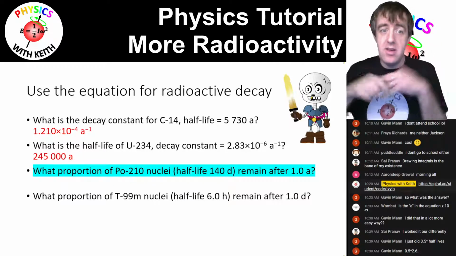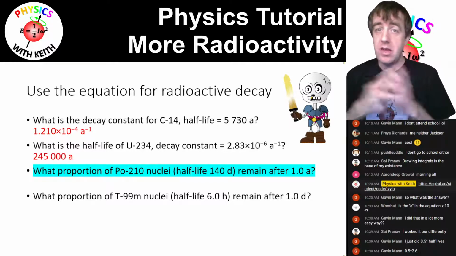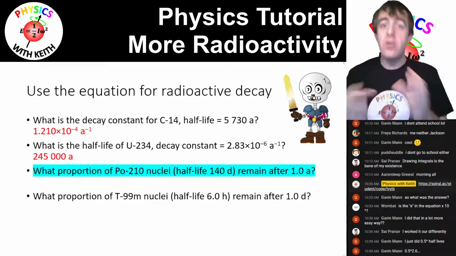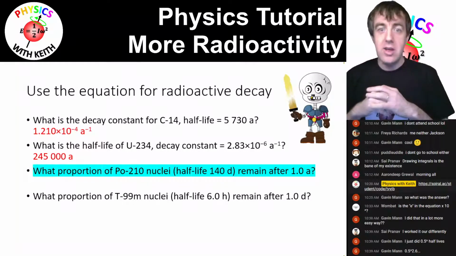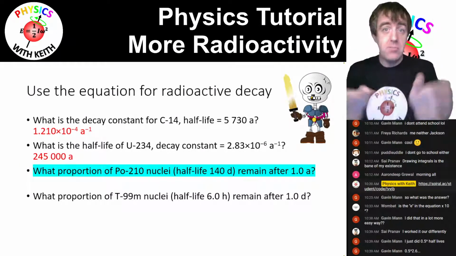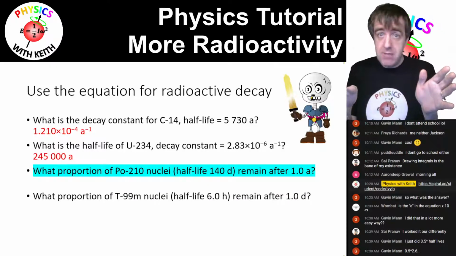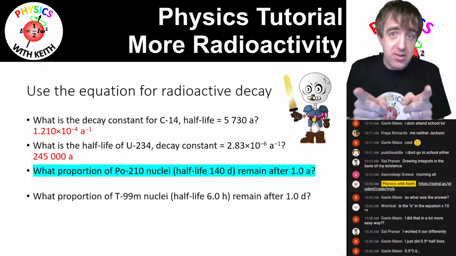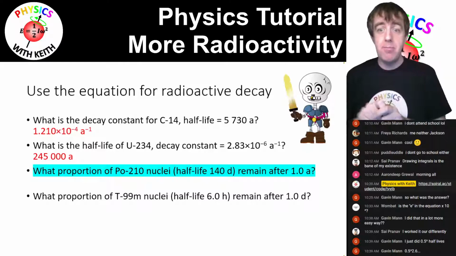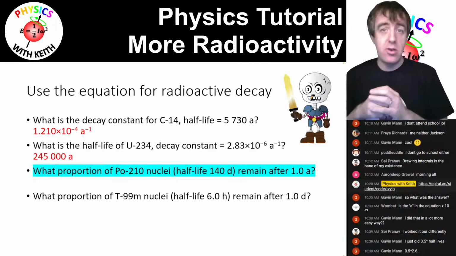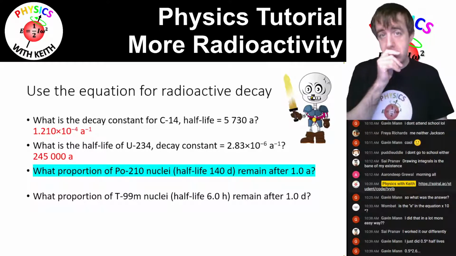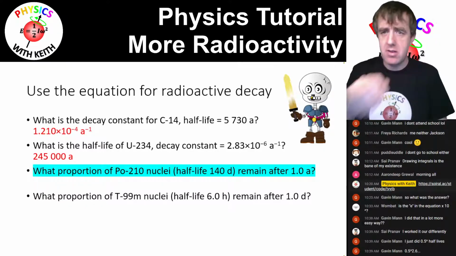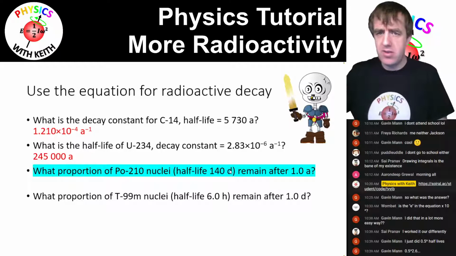Jackson's typing it in there. And that gives you the same answer. Or you could do the way that I've showed you. So GCSE equation, nothing wrong with that. And remember that you could be asked that in GCSE, but here it is. You can also use that lovely A-level equation with derived, and you'll get the same answer. You should get the same answer. Just be careful that you've got the same units here.